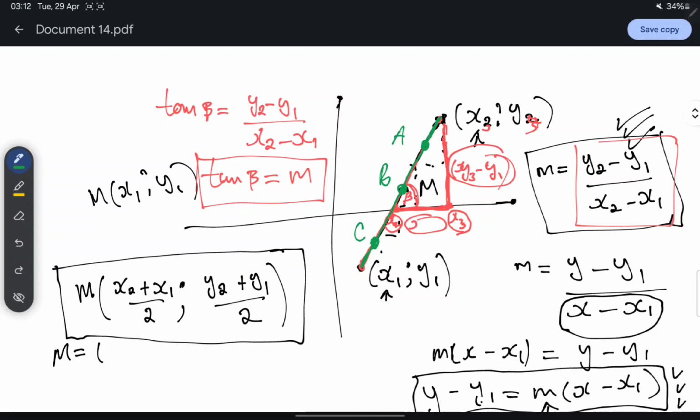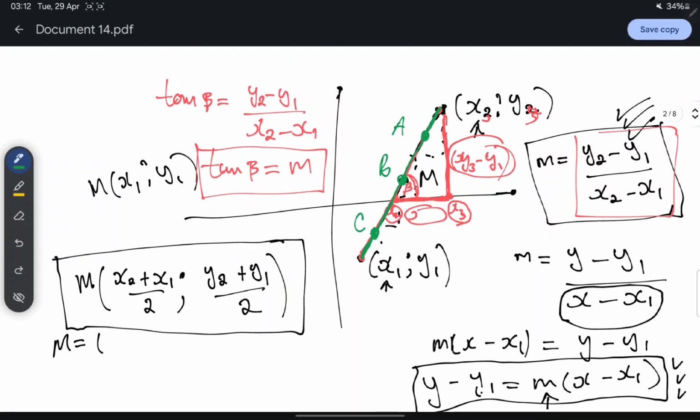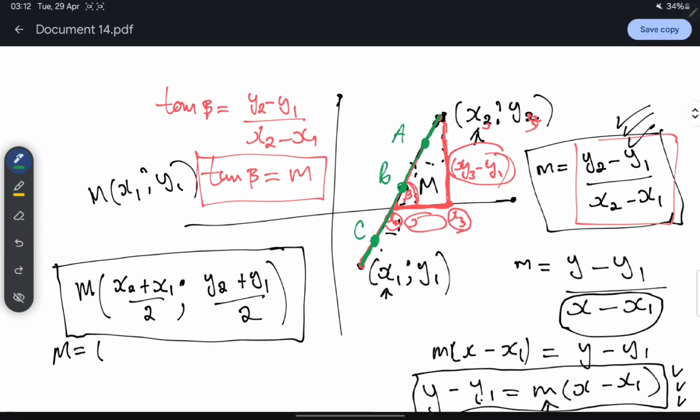Then if you are told that points are collinear, you use the idea that the gradient of AB is the same as the gradient of BC, which is equal to the gradient of AC. You use that idea if you are being told that the points are collinear.